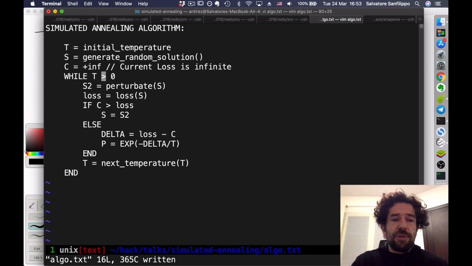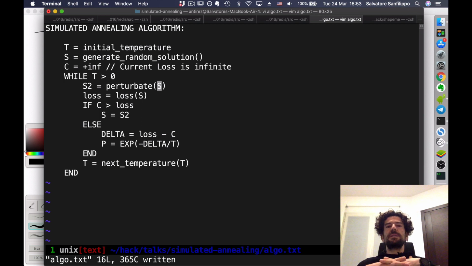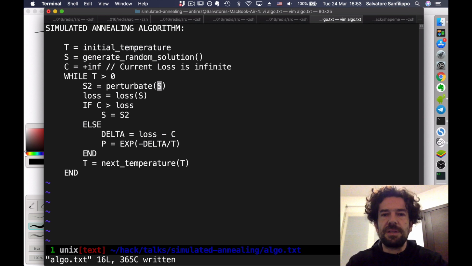While the temperature is greater than 0, I create a new solution perturbating the past solution. How is the perturbation process performed? Well, it's easy. Normally, if you have numerical parameters, you just add or subtract a random number which is proportional to the current temperature.